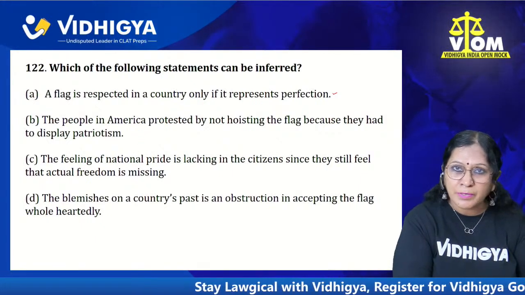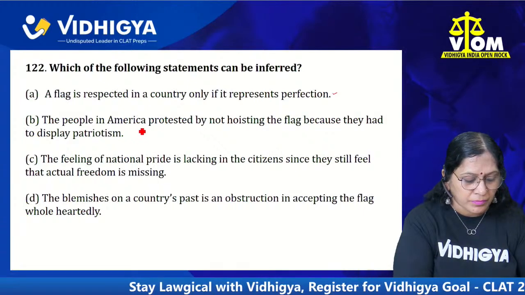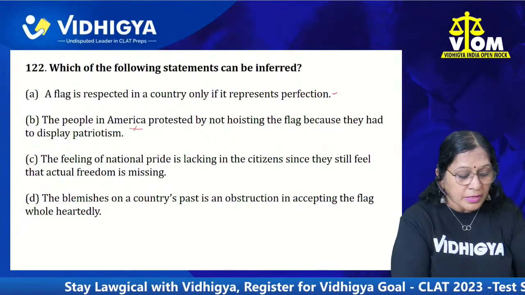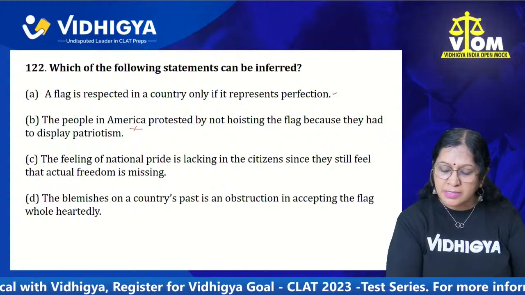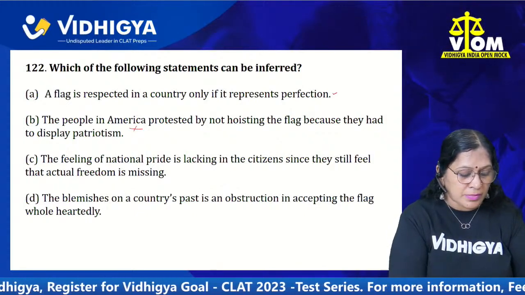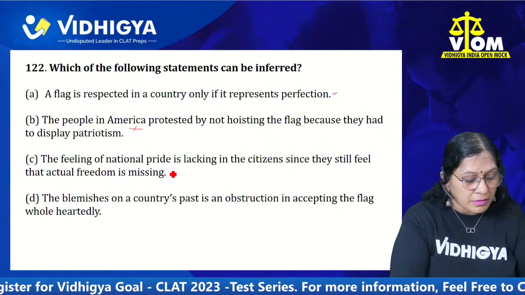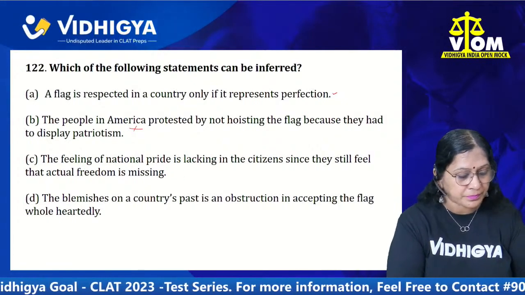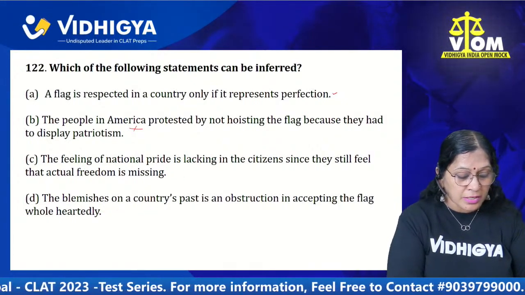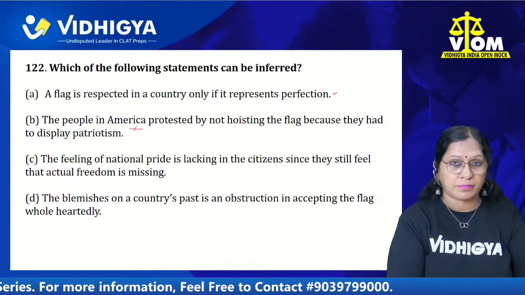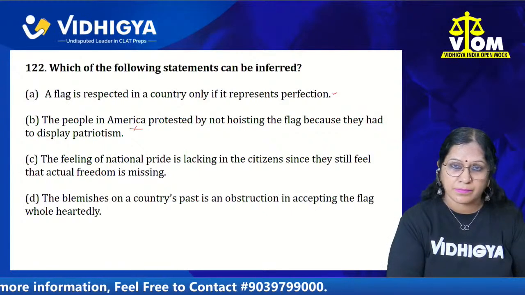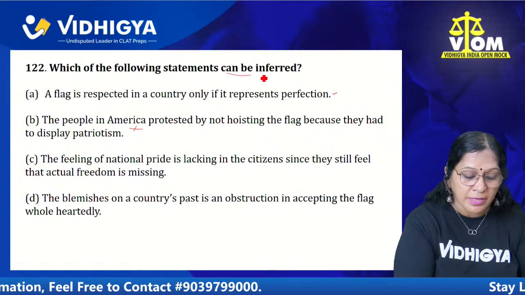Did they want to display patriotism? No. C: feeling of national pride is lacking in the citizens since they still feel that actual freedom is missing. Possible. D: the blemishes on a country's past is an obstruction in accepting the flag wholeheartedly. Best. You need something that can be inferred.